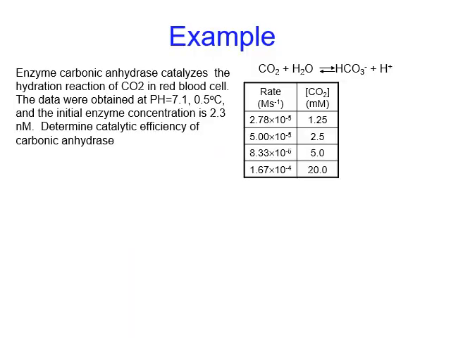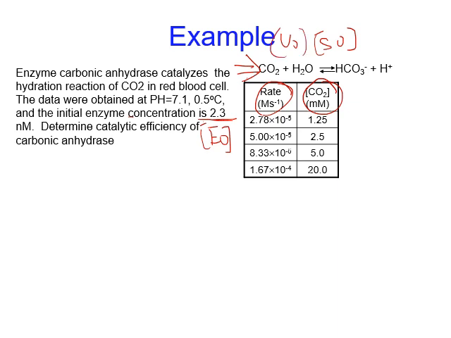The enzyme carbonic anhydrase catalyzes the hydration reaction of CO2, so this reaction. The reaction is done with initial enzyme concentration 2.3 nanomolar, so that's E0. This is CO2, which is the substrate, S0, and this is the reaction rate, V0.